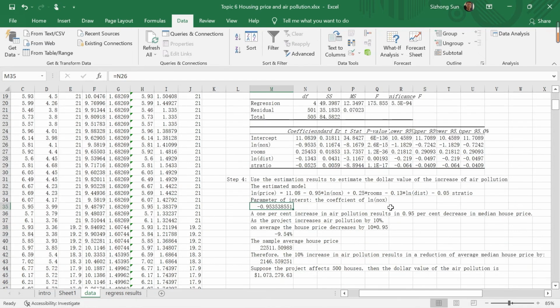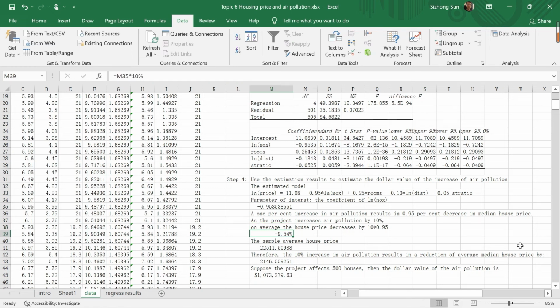So this says that a 1% increase in air pollution results in a 0.95% decrease in the median house price. As we know the project will increase air pollution by 10%, on average the house price will decrease by 10 times 0.95%, which is 9.5%.